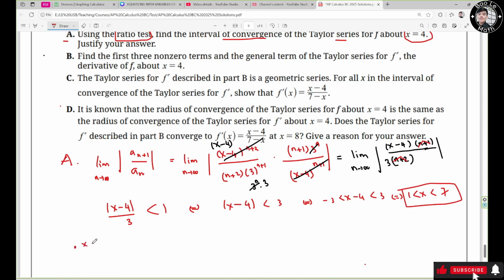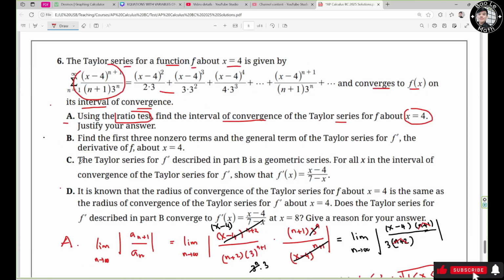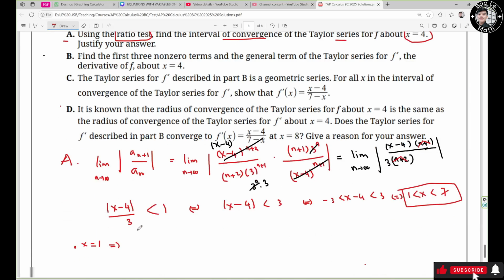Now s equals 1. We substitute 1 for s into this guy right here. 1 minus 4 is going to be negative 3, right?